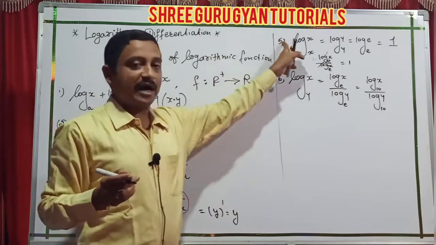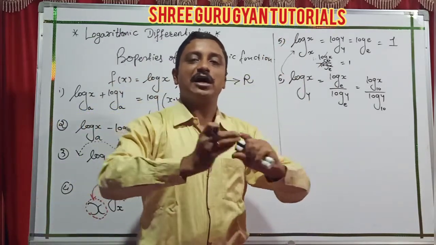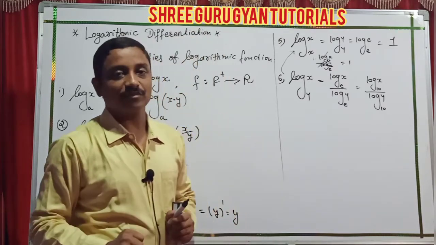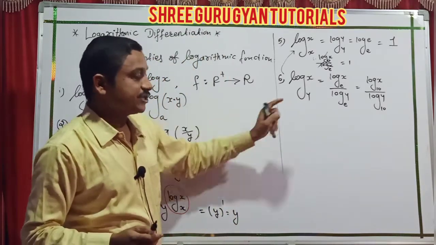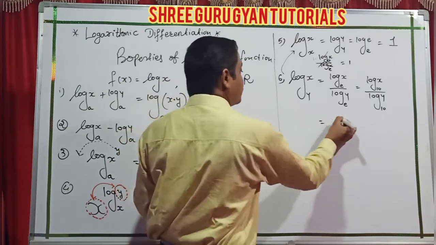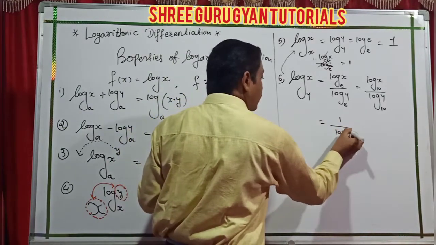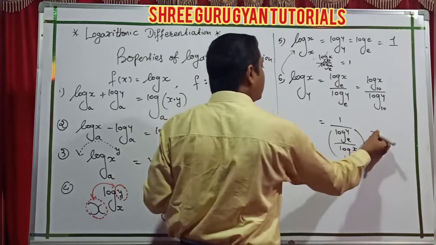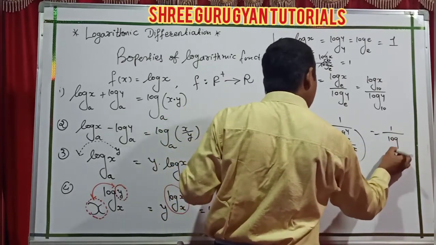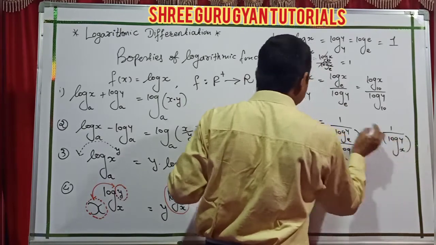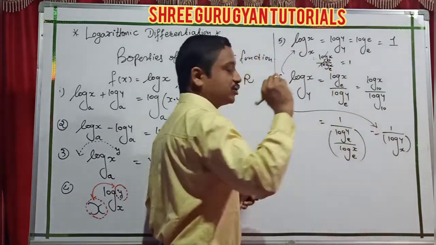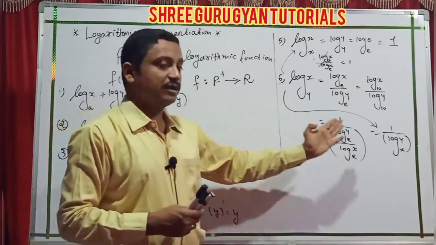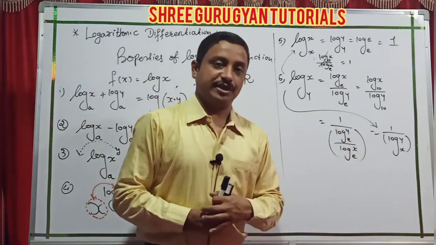So actually the fifth and sixth properties are related to each other. You also see this equation: 1 by log y base e by log x base e, and these are joined. It is 1 by log y to the base x. So this equation you also see sometimes in this way, and here it is easily done by our property number 6.